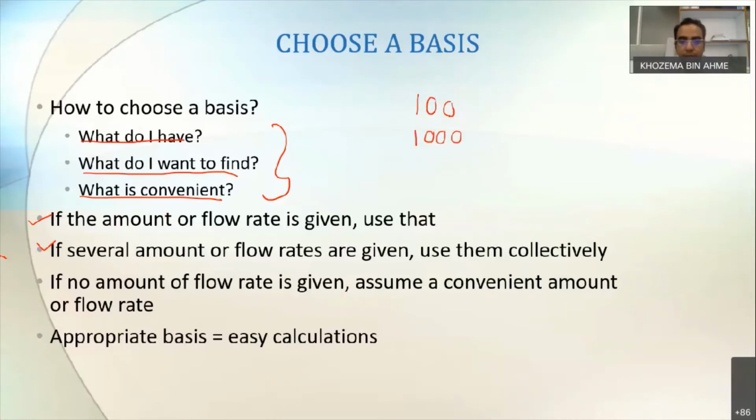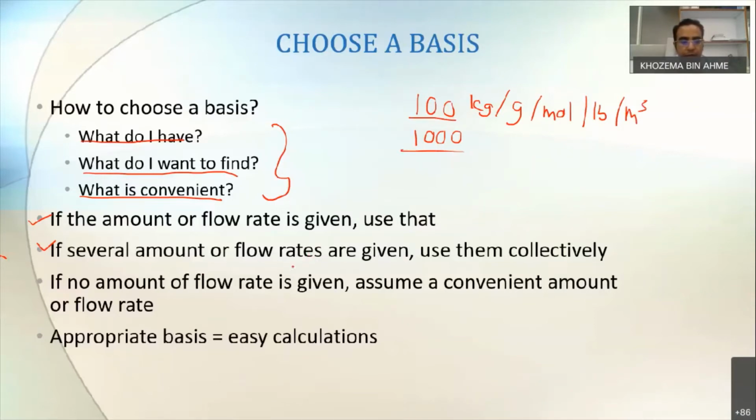It can be 100 kilo, 100 gram, 100 mole, 100 pound, 100 meter cube, whatever it is, because you can start with a number of 100 or 1000. So it's a simple value.